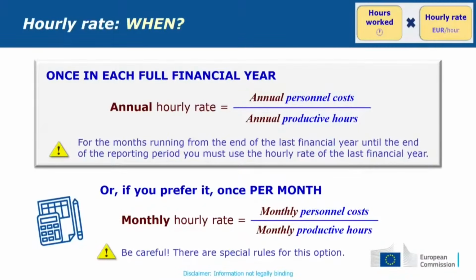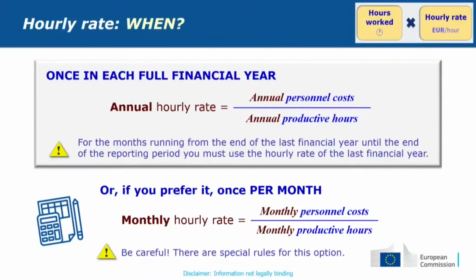Now, there is a small downside on this main approach, that is that when at the end of the reporting period, the financial year is still ongoing. For instance, your financial year ends in December and the reporting period ends in March, the year after.